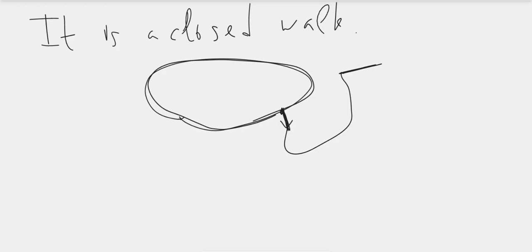So we go by this edge, and we basically start another closed walk. But we still treat the first closed walk as visited. So all edges of this closed walk we treat as visited. So we cannot visit them again.